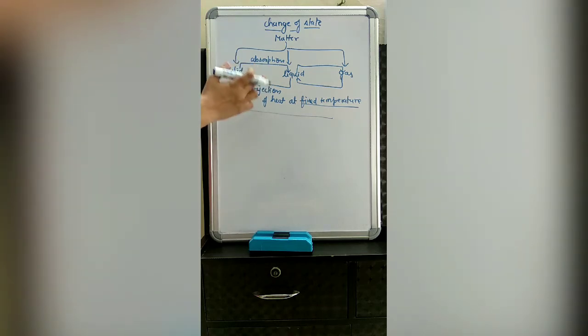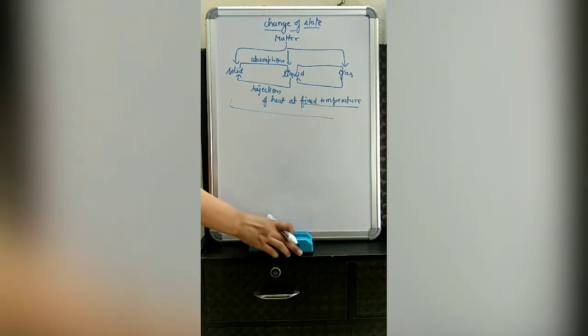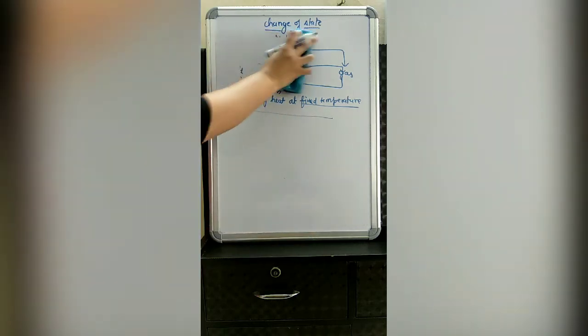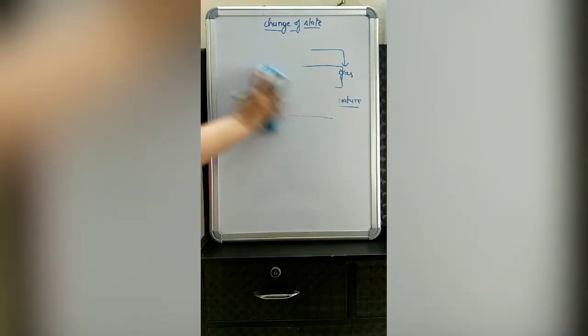Now we will study the change of state from one state to another one by one: solid to liquid, liquid to gas, gas to solid. First we will start with the conversion from solid state to liquid state.